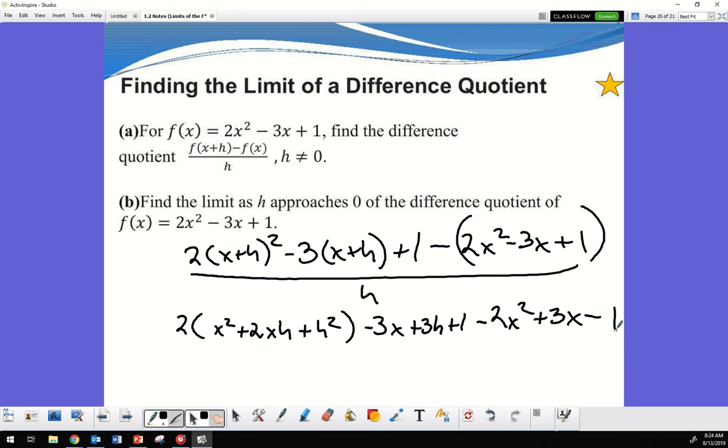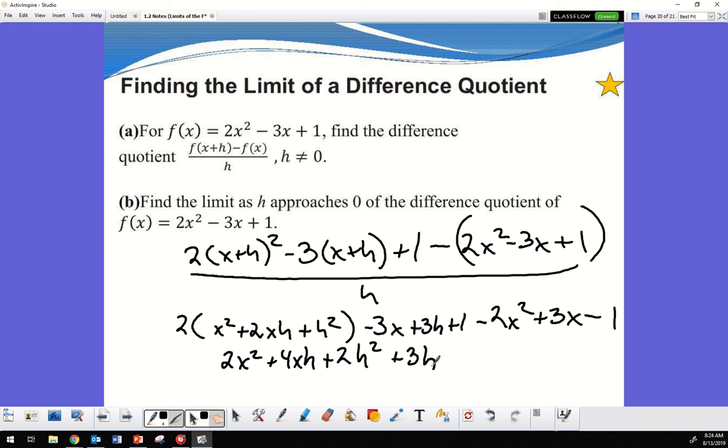All right, let's go ahead and distribute that 2 and see if I can combine any like terms on the right-hand side. So it's going to be 2x squared plus 4xh plus 2h squared. Now the minus 3x and the plus 3x go away, don't they? Okay, so plus 3h, the plus 1 and the minus 1 go away also, don't they?